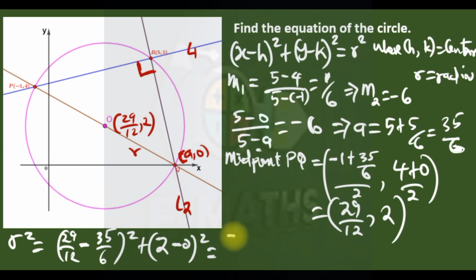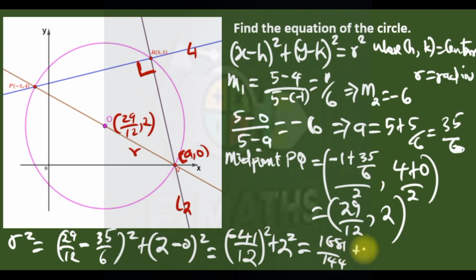So that is (-41 over 12) squared plus 2 squared. 41 squared is 1681, so 1681 over 144 plus 4, which gives 2257 over 144. So that's our radius squared.